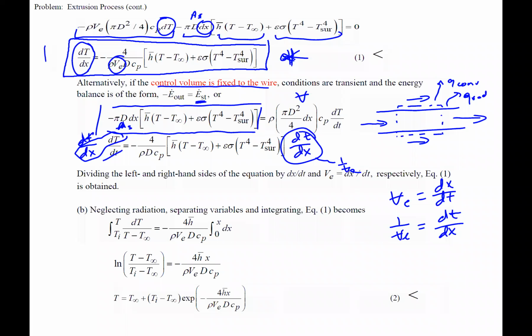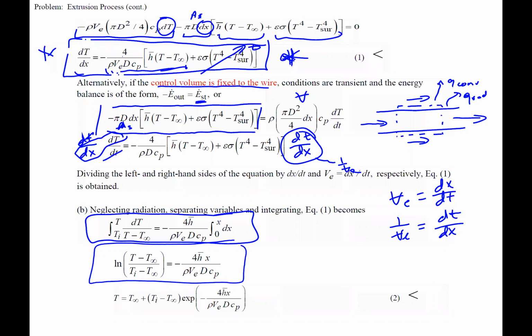So if we take this equation right here, and they say for this part we're going to neglect radiation, now we're just left with dT over dx and the convection component right here. Separating variables, we can integrate that equation and get the solution at any distance x.